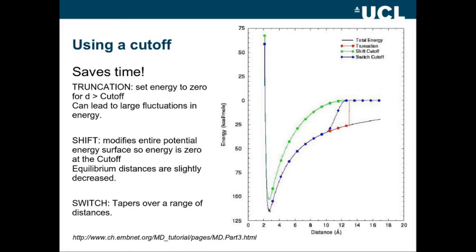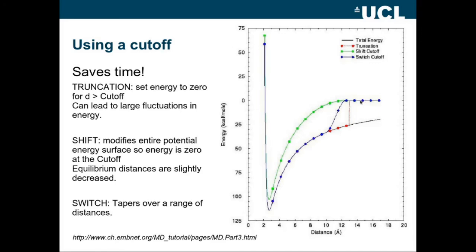The red line then follows the same trace along here until we get to this point where we've applied a cutoff, in this case of 14 angstroms, and above this we get a sudden jump in the energy. Now that means that we get large fluctuations in the energy and we can have problems in our simulations.